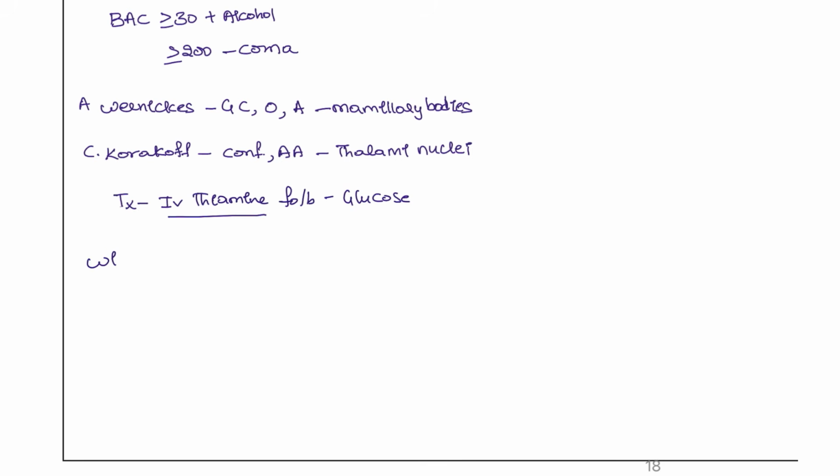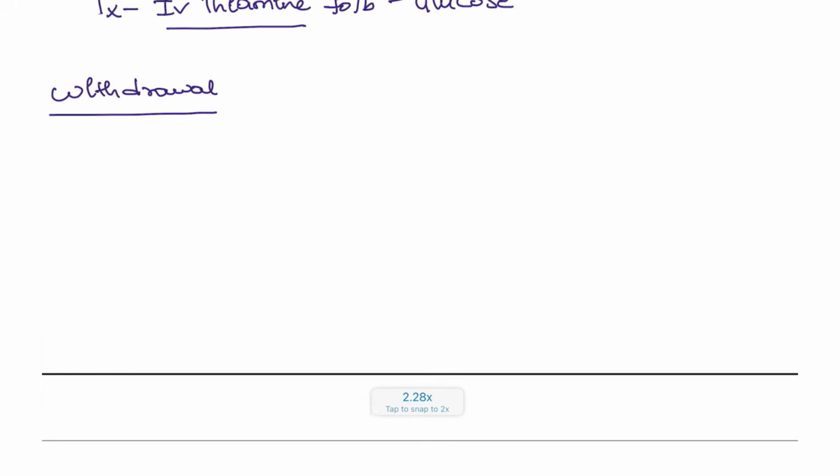Next, if the patient is having withdrawal symptoms, which is also one of the most serious conditions, first the patient will have tremors. It could be fine tremors, presenting about 6 hours after the last drink.